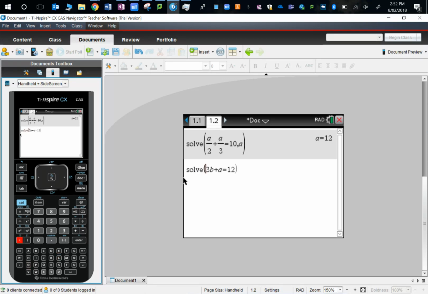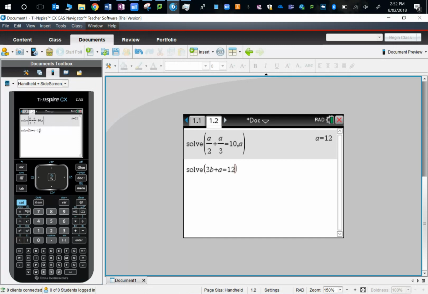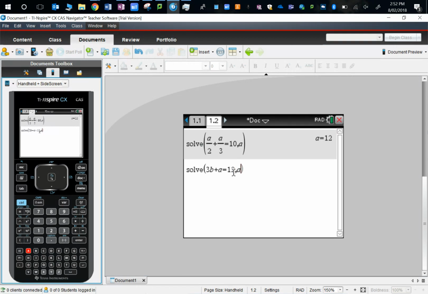So I'm going to solve for 3b plus A equals 12. I want to rearrange that formula so that A is the subject. So it just says A equals. And so I can go comma A, and then it doesn't give me a number to solve. It rearranges the equation so that A is the subject.